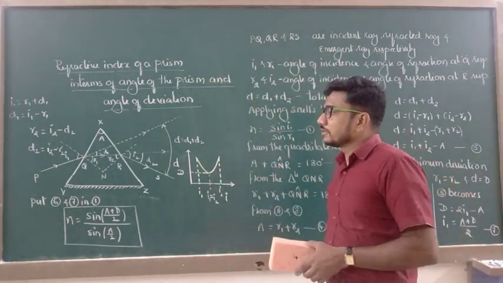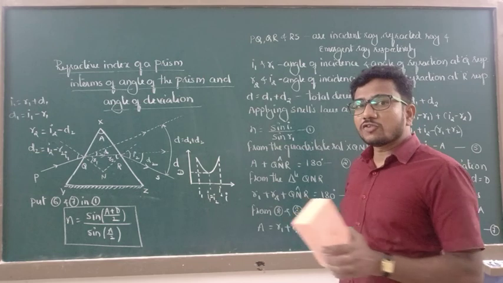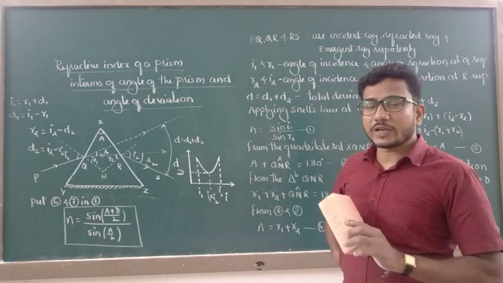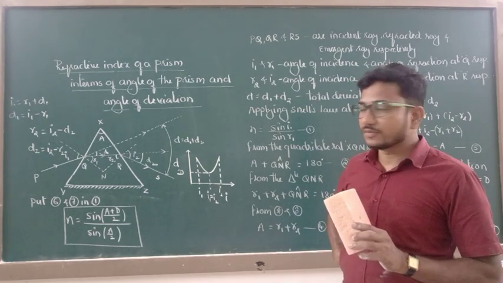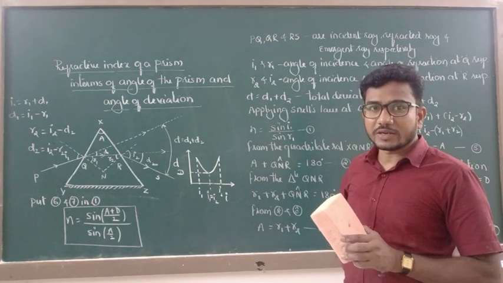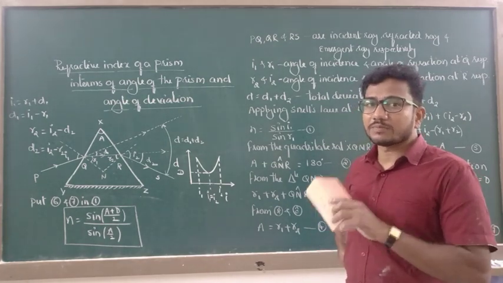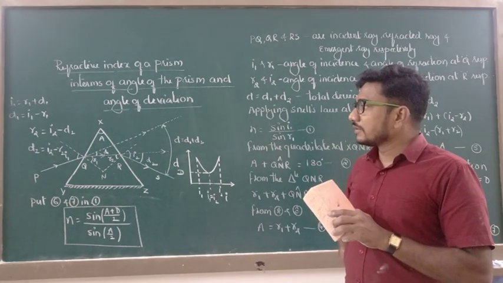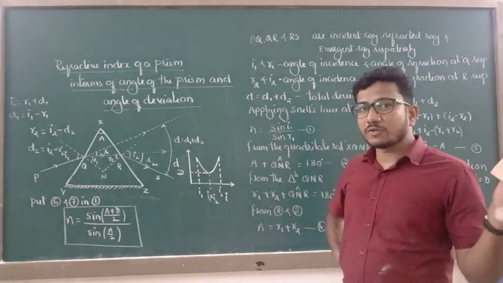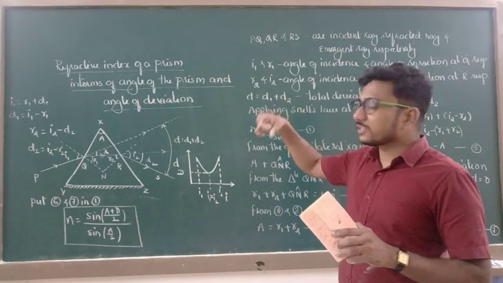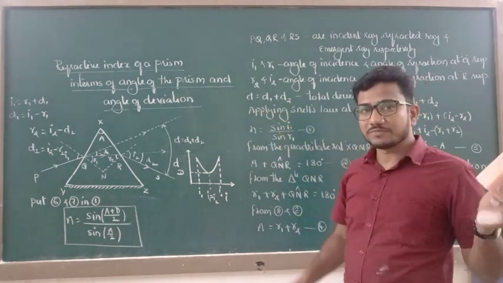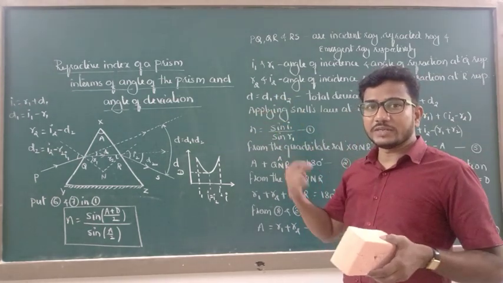If suppose surrounding medium is other than air or vacuum, instead of air or vacuum, then how to calculate the refractive index of material of the prism? In some instances they are going to frame a question when a glass prism is immersed in water of refractive index something.